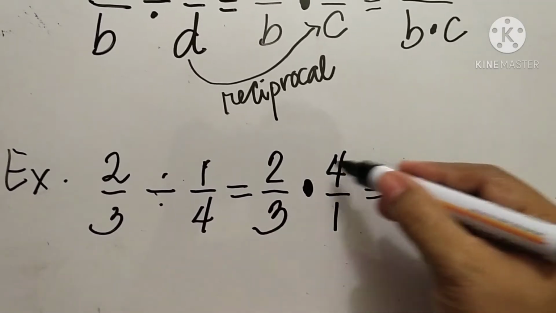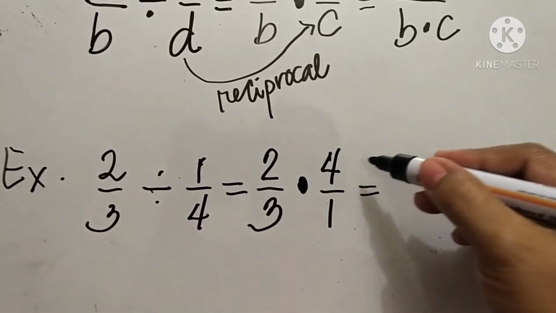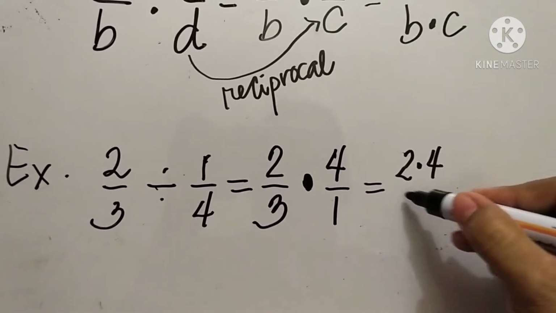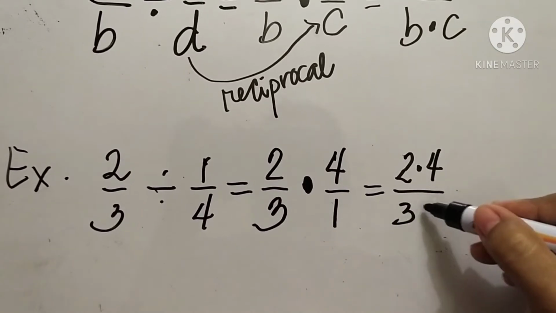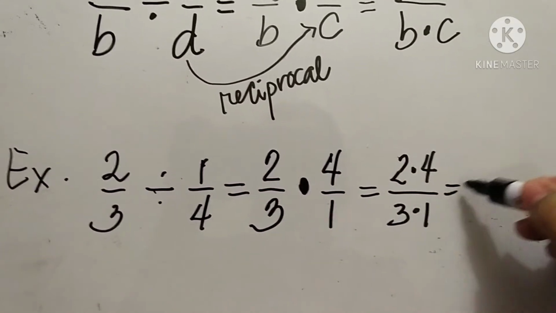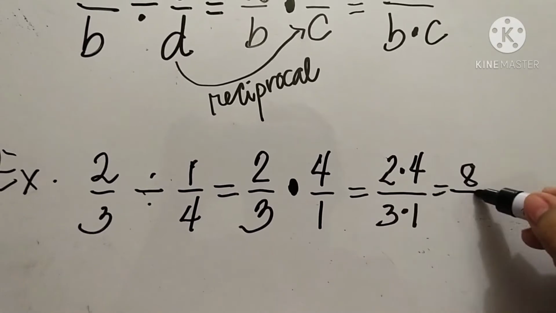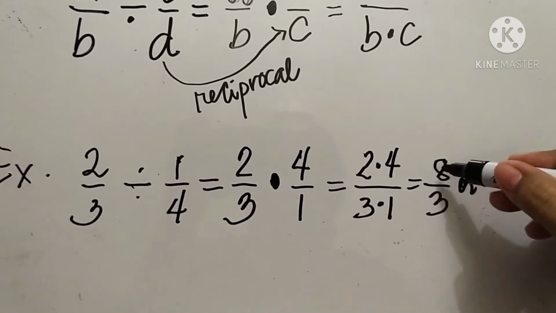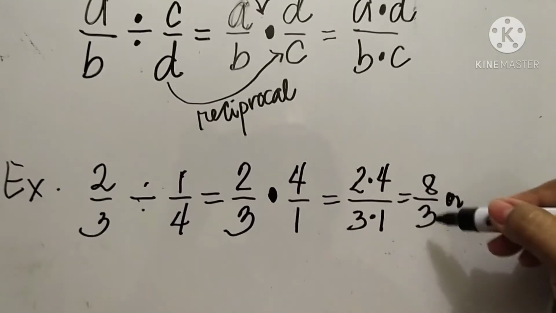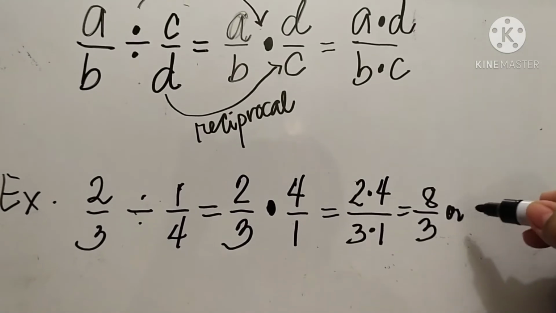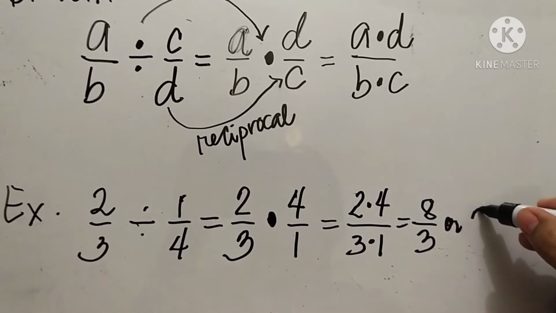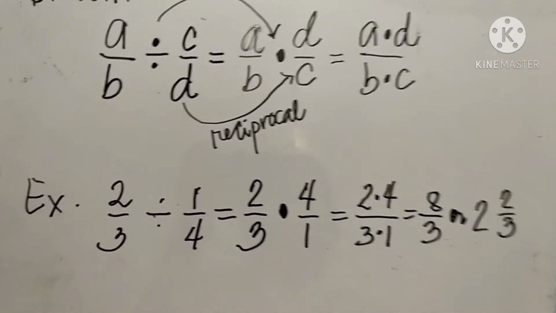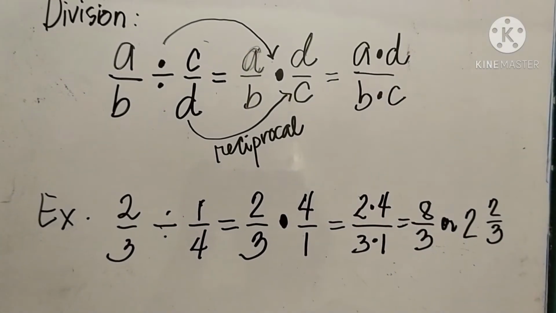Therefore, proceed to multiplication, numerator to numerator, that is 2 times 4 over 3 times 1, and that is 8 over 3. Since the numerator is greater than the denominator, you have to express that in mixed number, and that is 2 and 2/3. So that's it.